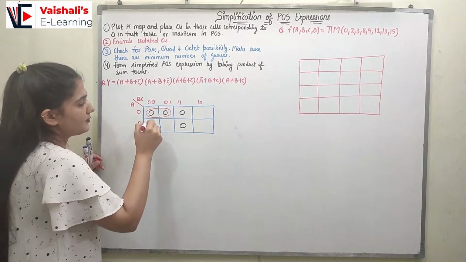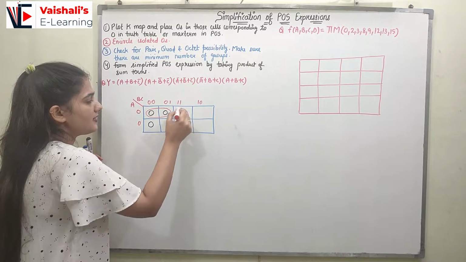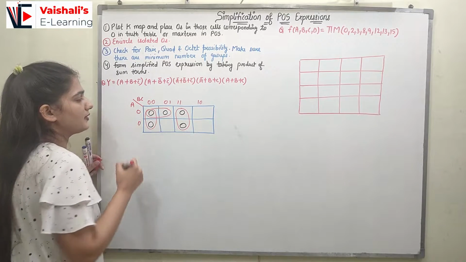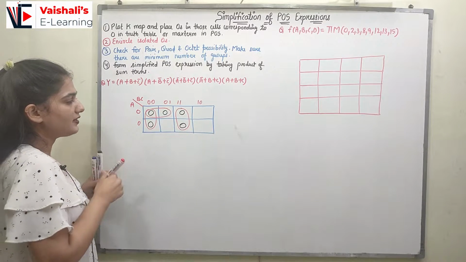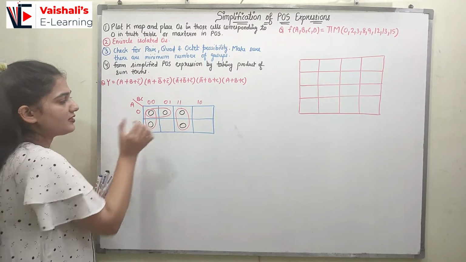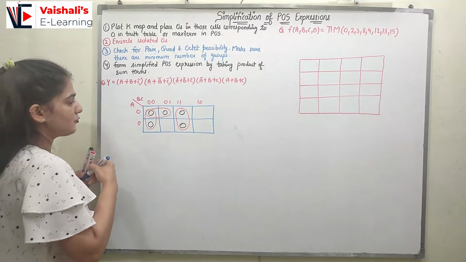Now we will check for the pairs. So this is the possibility. Here we can have these 3 pairs. Or you could have taken these 2 zeros as a pair. I will be telling you the answer considering both of them.